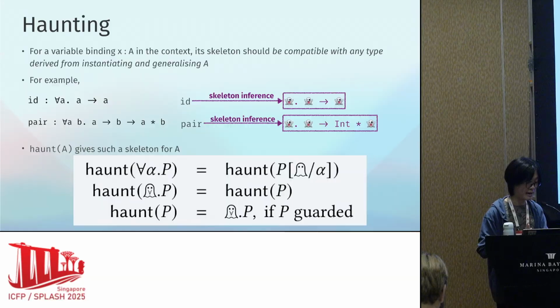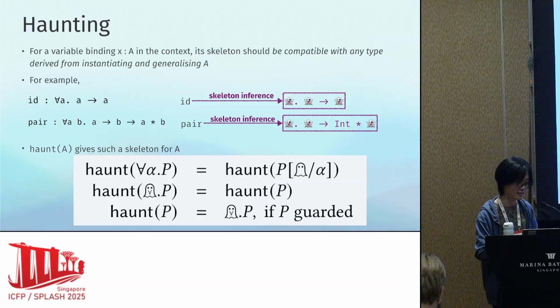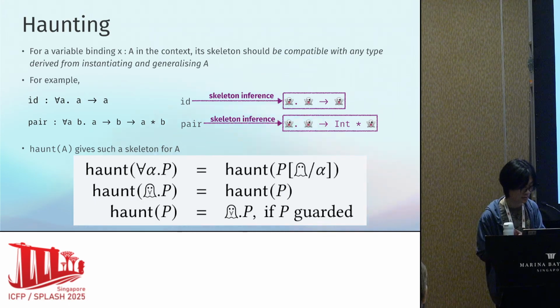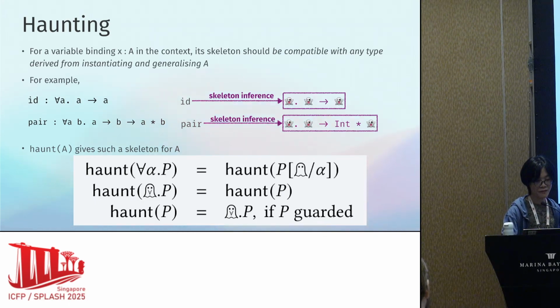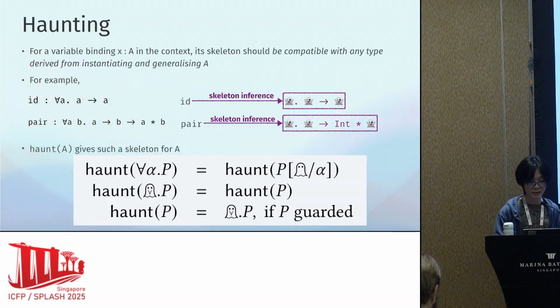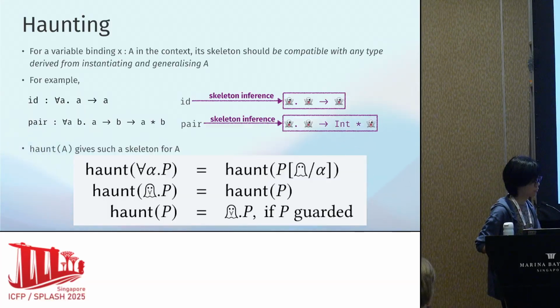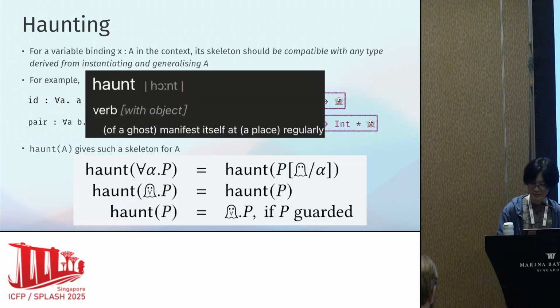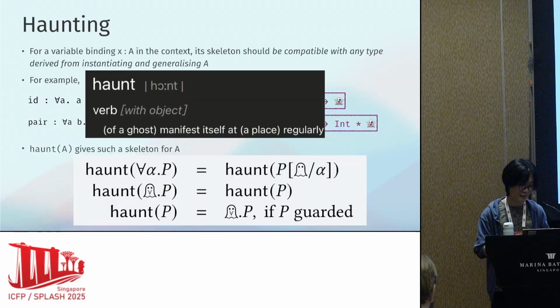So we have this meta operation, which just does instantiation and generalization, but with ghosts instead of concrete types. If there are type quantifiers, we instantiate them with a ghost, and if there is a universal ghost, we just instantiate it, and when we reach a guarded type, we introduce a universal ghost. This is consistent with the definition, because now there are ghosts appearing in the result.